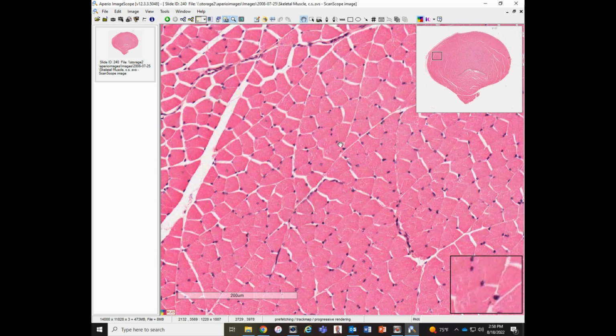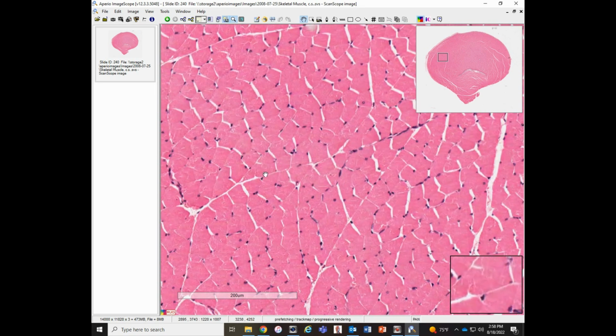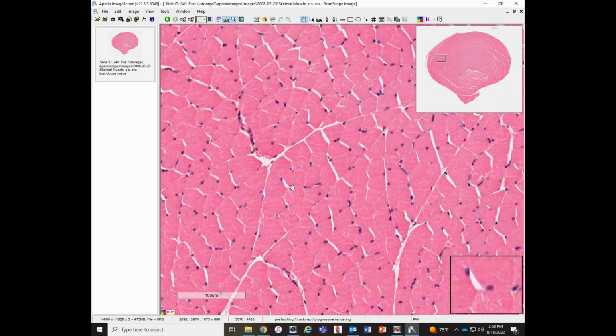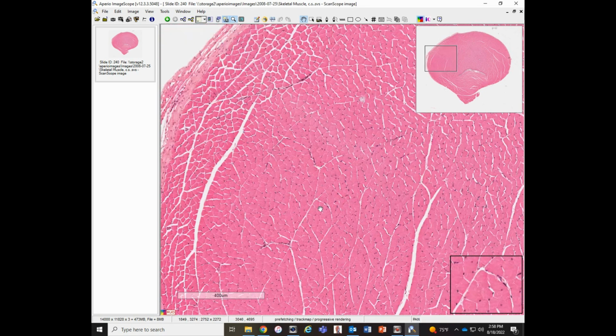We can see the real rough boundary of a fascicle here, so there'd be perimysium running along this area we see here. Here's a nice little fascicle separated right there, and each cell surrounded by endomysium. Because this is a muscle that's been cut in cross-section, we can't see the striations, but we can see the peripheral nuclei very, very easily. And the nucleus right there is just one of many that's associated with each muscle cell.